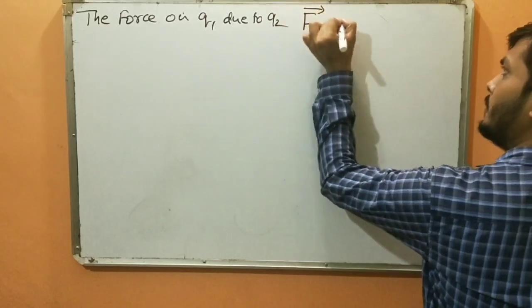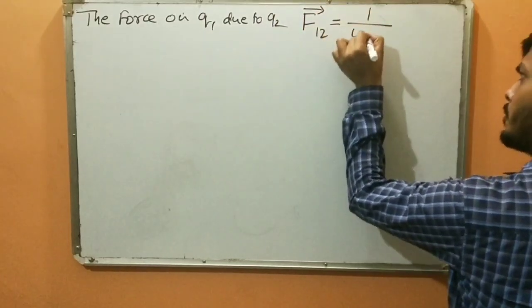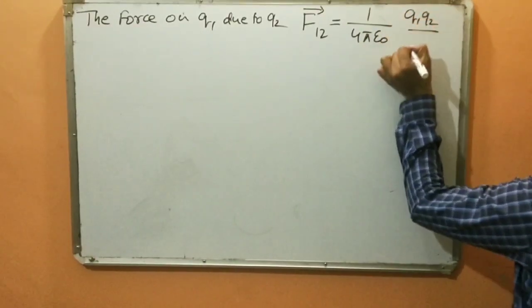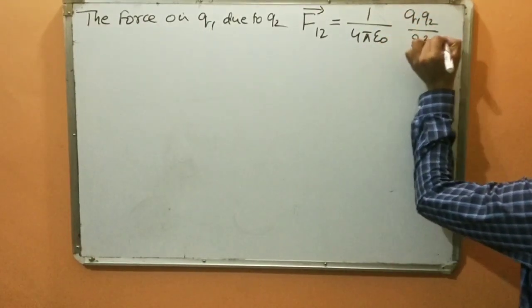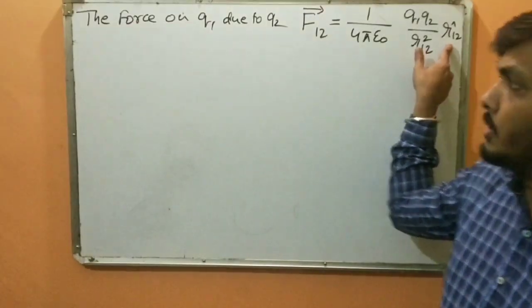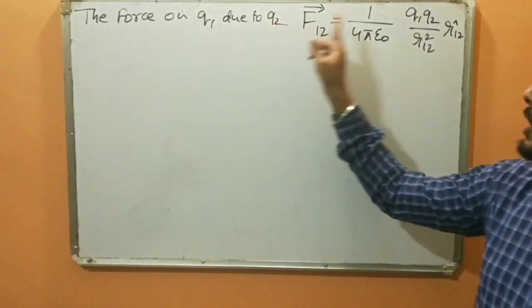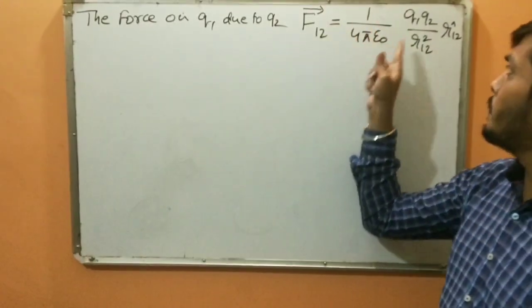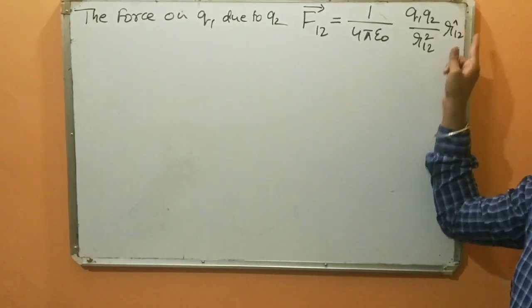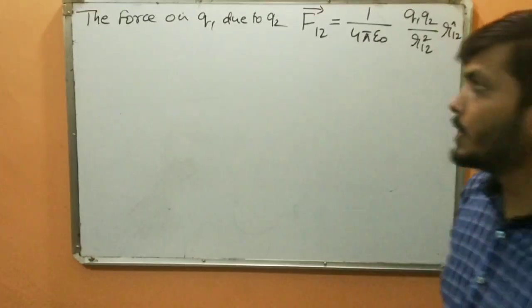F12 will be equal to 1 upon 4 pi epsilon naught Q1 Q2 divided by R12 squared, times r12 hat, where r12 hat is a unit vector. So this is the force on Q1 due to Q2, in vector form.